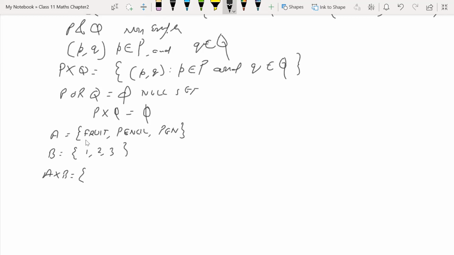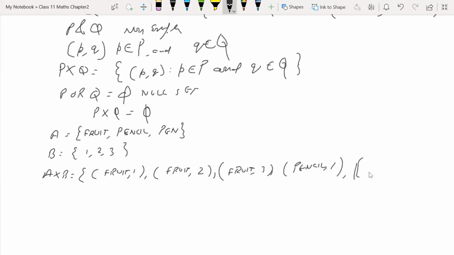So the available pairs would be root 1, root 2, root 3. Then pencil 1, pencil 2, pencil 3.